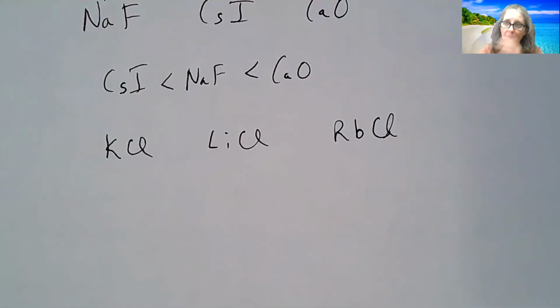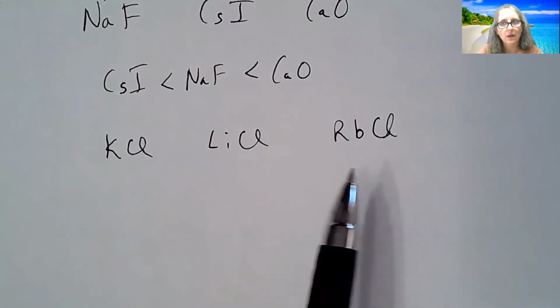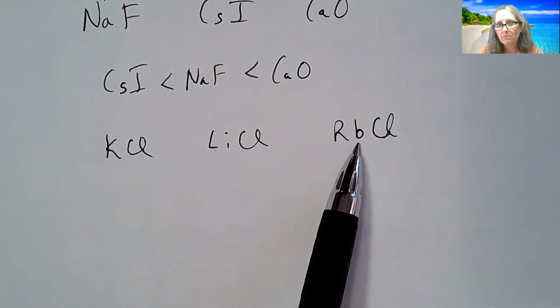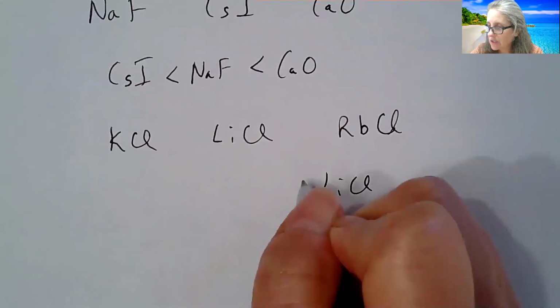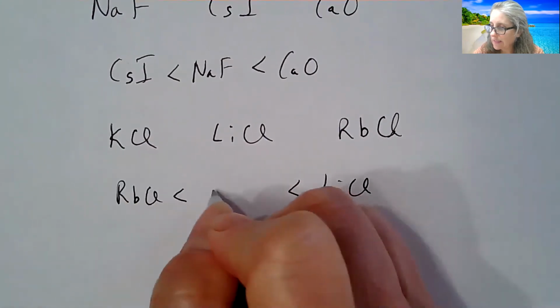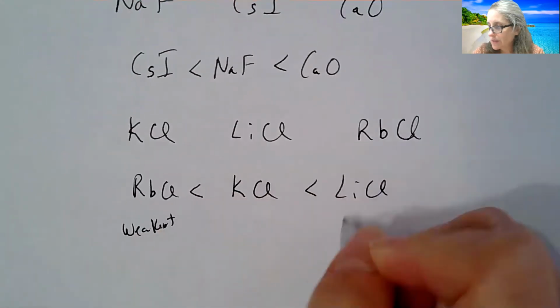Since I'm not focusing on the math portion of Coulomb's law, and neither is the AP test, you're just trying to compare things. Who is the smallest cation? That's going to be lithium. Rubidium is going to be the biggest, and potassium is somewhere in between the two. So lithium chloride is going to be the strongest force, while rubidium chloride is going to be the weakest.